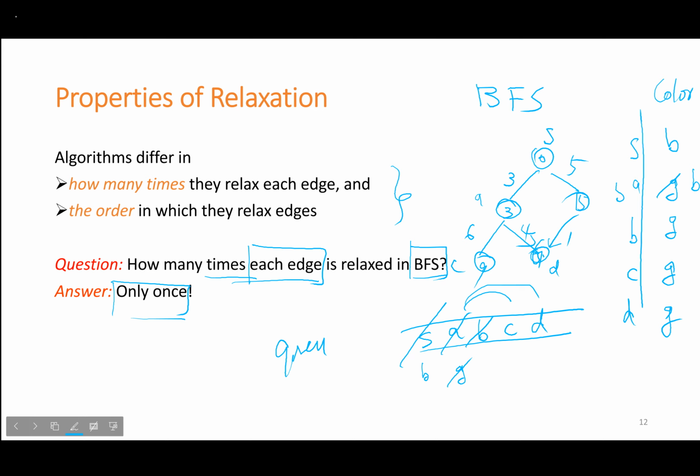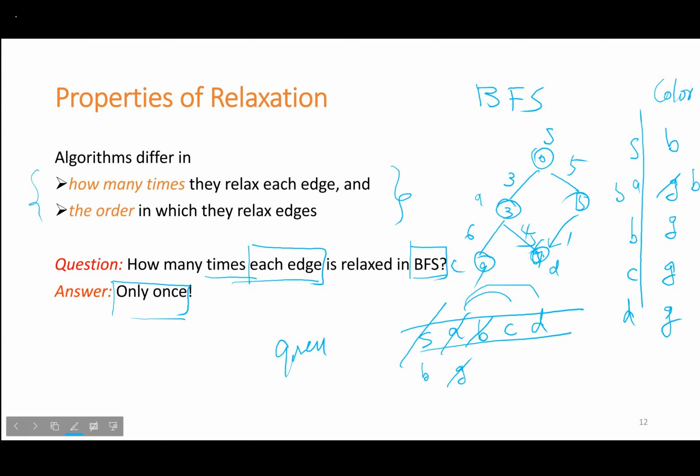Algorithms differ in how many times they relax each edge and the order in which they relax edges. This also helps us to say that if we can relax the edges fewer times and still get the shortest path from the source to every other node, that will be very good.